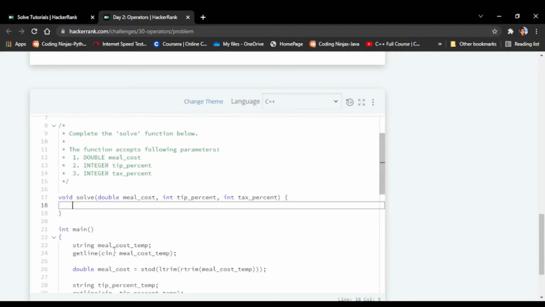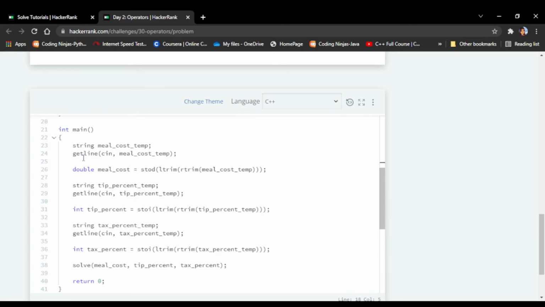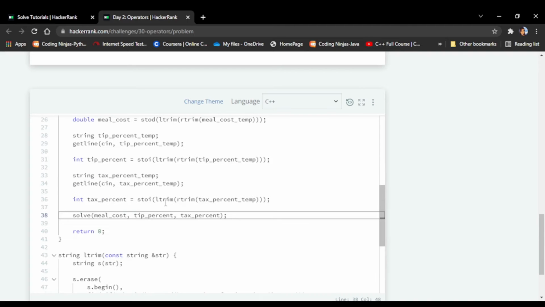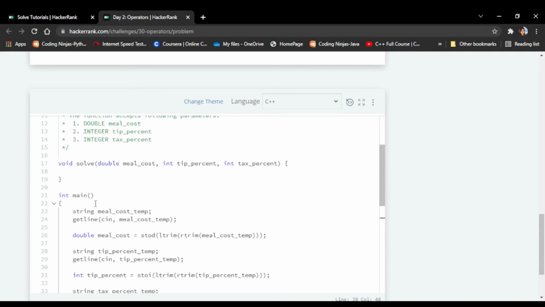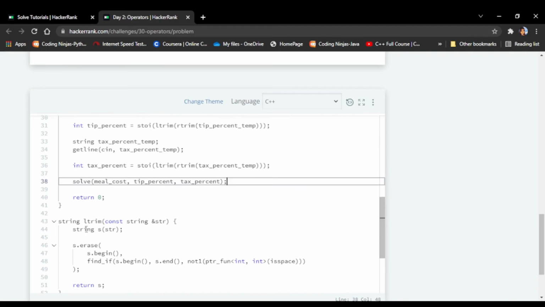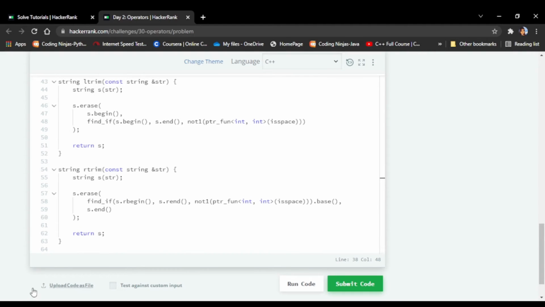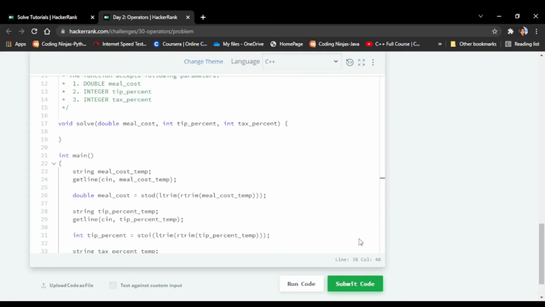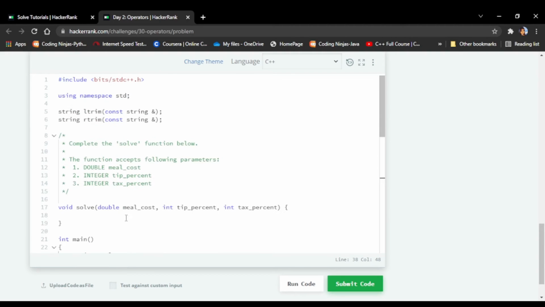And here we have to solve this, and in the main function they are taking the input as a string, and then calling the solve function, and they are also calling other functions like ltrim and rtrim, that is a trim from the left side and a trim from the right side. These are extra, although still no problem. We just have to solve the function. Here we are given the task to complete this function. So let's do it.